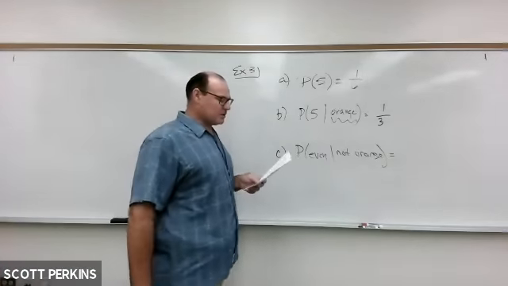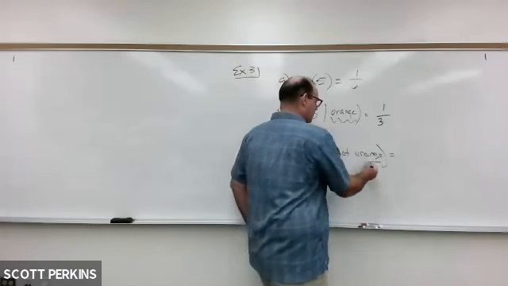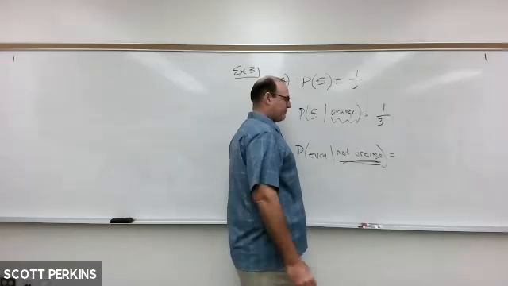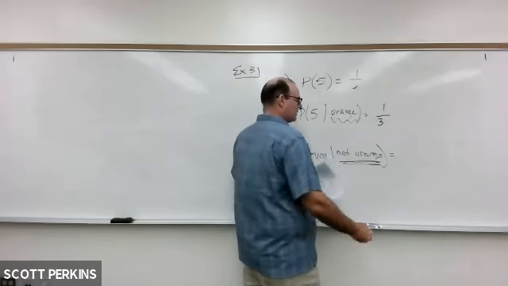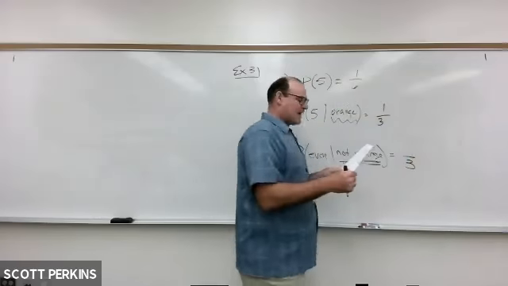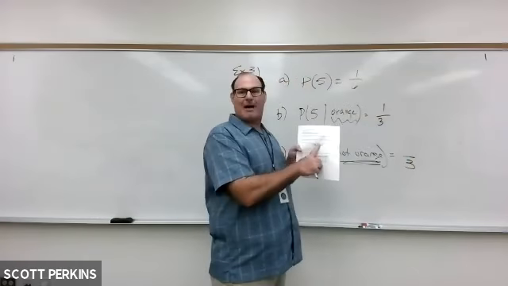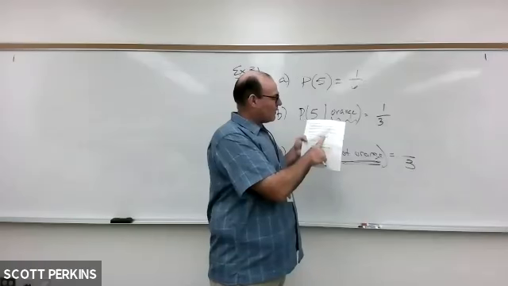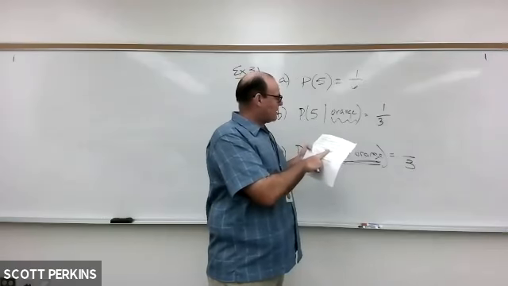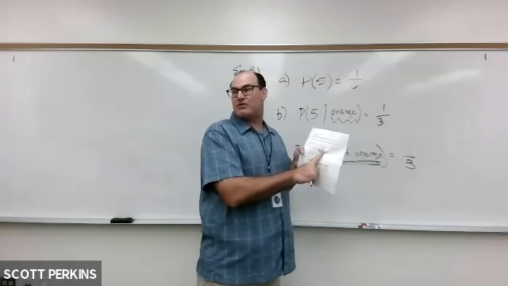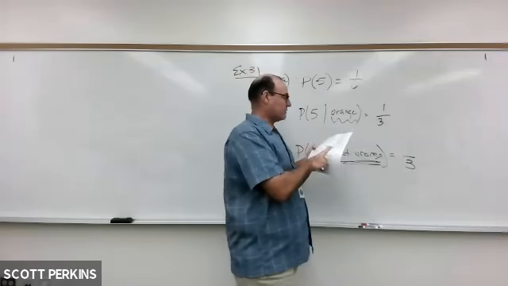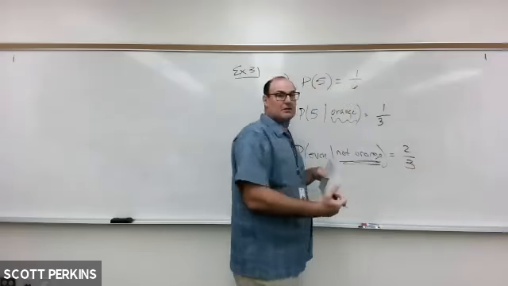All right, so in my circles, how many not orange circles do I have? 3. There's two yellows and a green, so there's 3. So again, cover up the orange ones. I don't care about them. I only care about the not orange ones. Out of the not orange ones, how many of them contain even numbers? 2. There's a 2 and there's a 6. So 2 out of 3 chance.